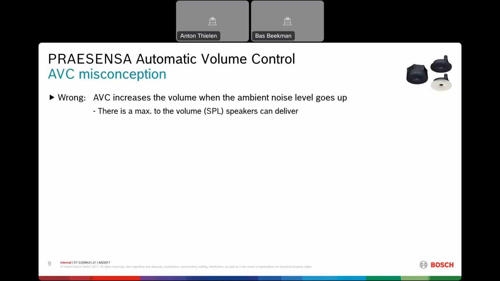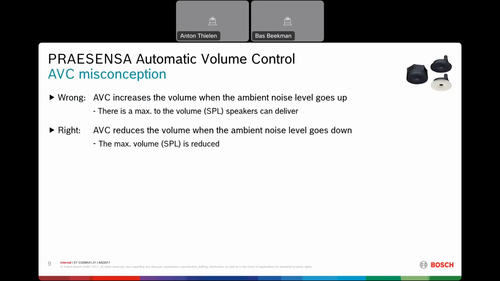There's also a misconception about automatic volume control: that it would increase the volume when the ambient noise level goes up, because there is a maximum to the volume that speakers can deliver. The right approach is to think about AVC as reducing the volume when the ambient noise level goes down.